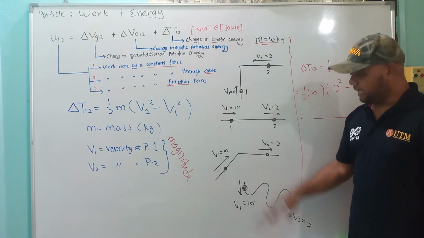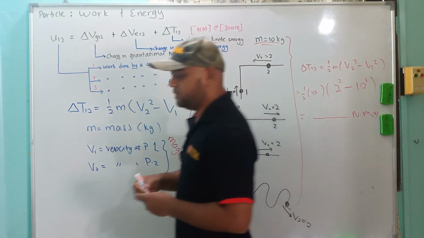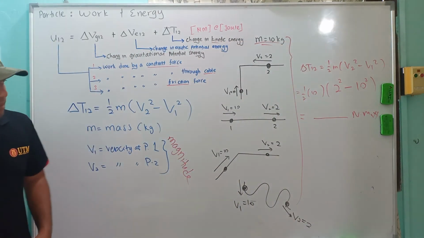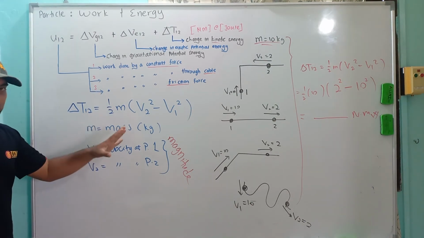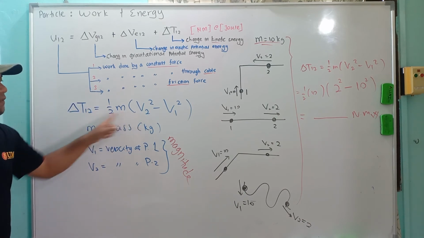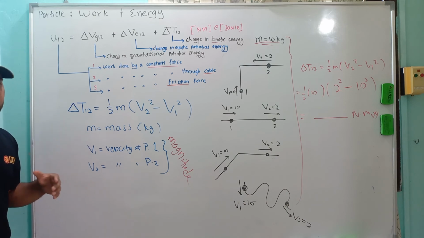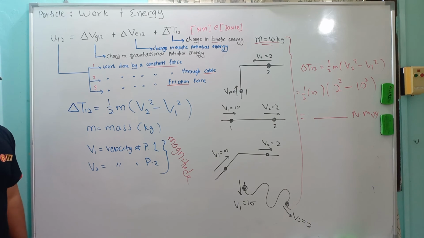Even though the direction is different, we want only to take the magnitude of the velocity at position 1 and position 2. So in this case, if the velocity at position 1 is 0, if the velocity at position 2 is 0, the delta T will be 0. If the magnitude of the velocity didn't change at position 1 and position 2, the delta T will also be 0. Okay. If the velocity decreases, it will be negative. If the velocity increases, it will be a positive value of delta T12.